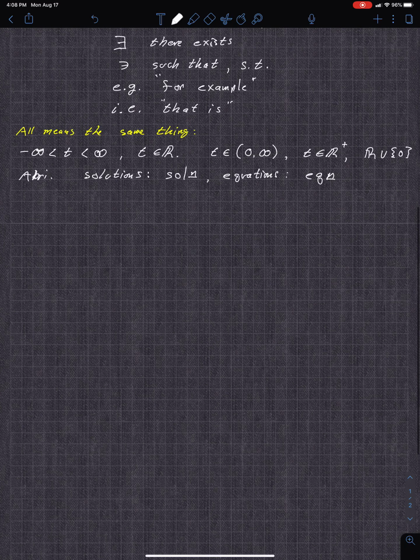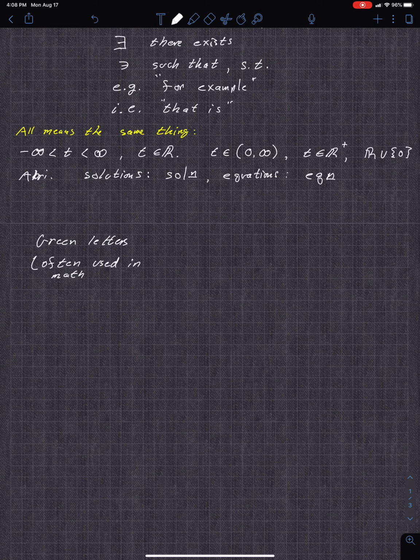Then let's talk about Greek letters. We'll use some often in math. So these are often used in math. I could just show you the Greek alphabet, but frankly, some we don't use a lot.